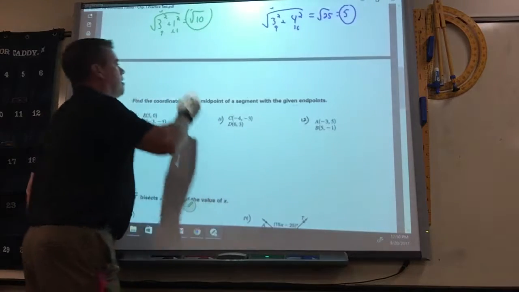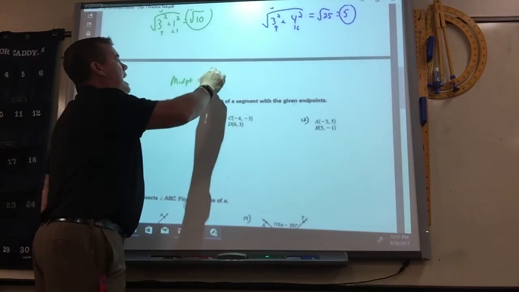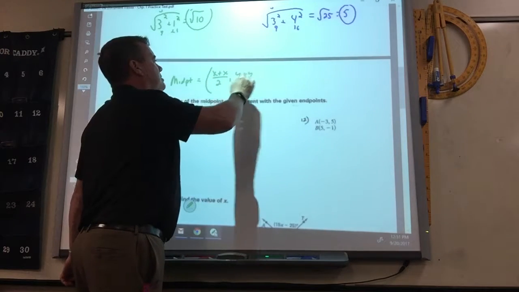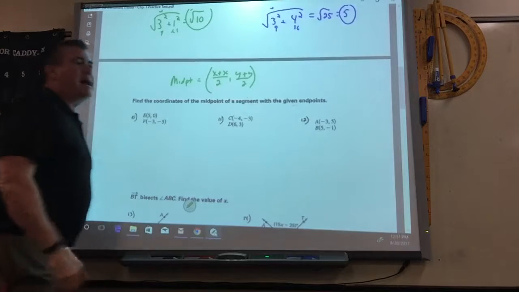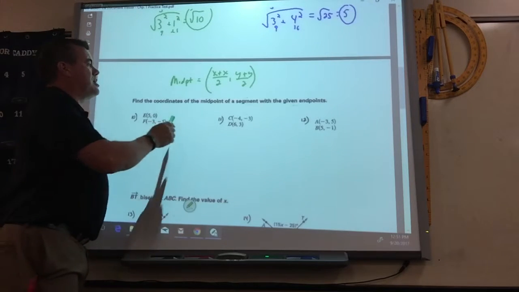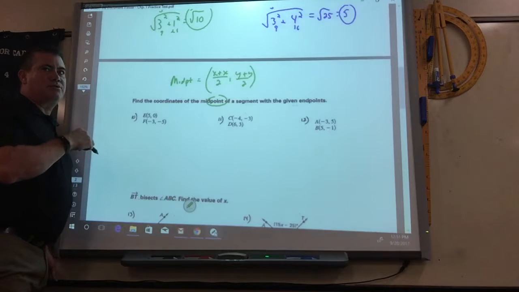Okay, now a midpoint is just the average of the x's and the average of the y's. So you add them. Distance, you subtract them. Now remember, this is a point. So when you find it, you got to put parentheses around it.